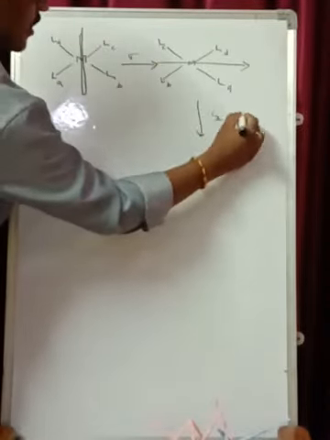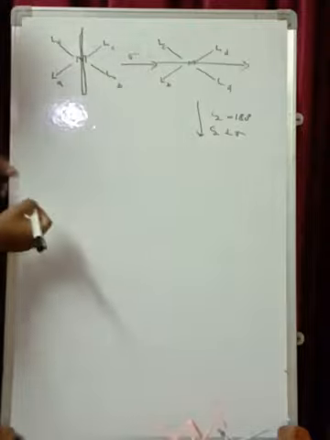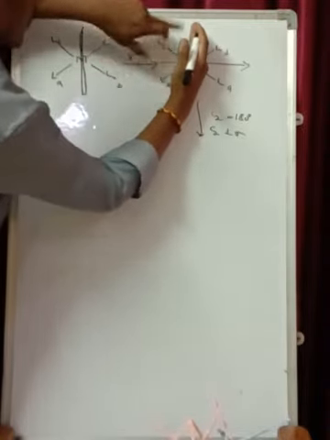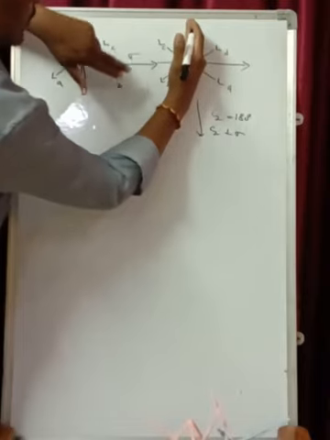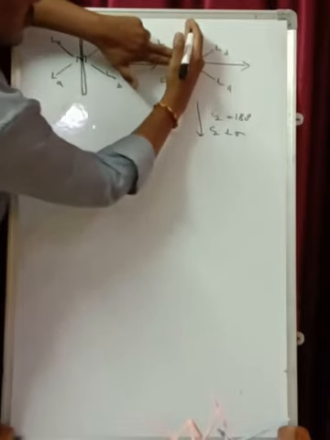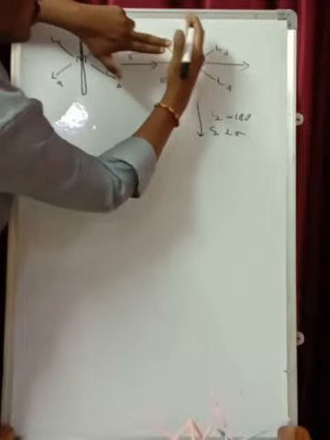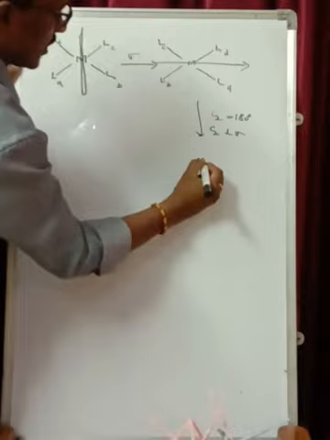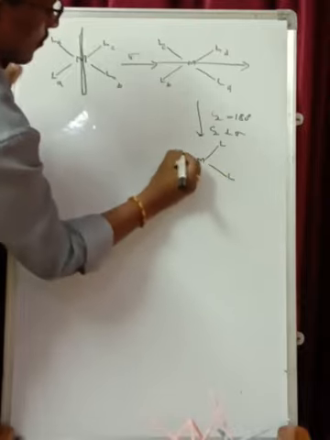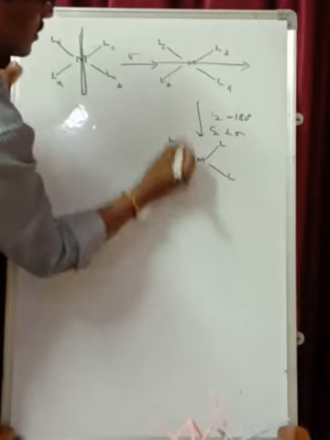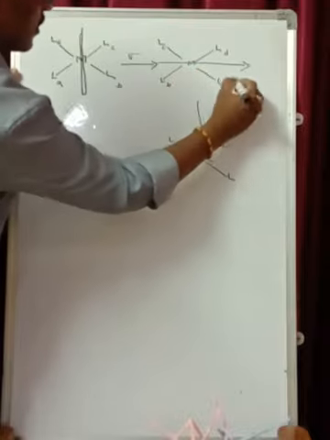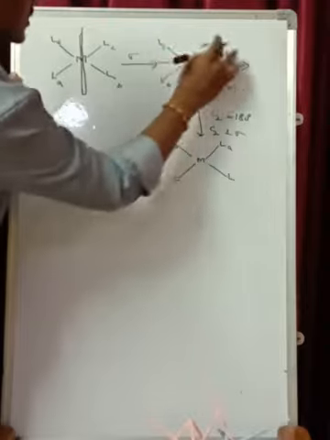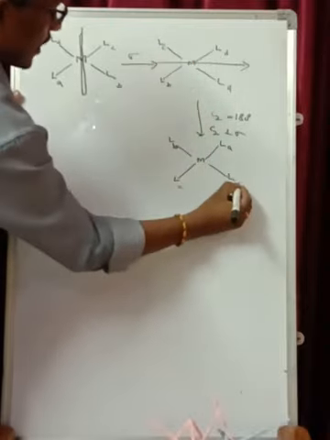Now, this C2 is done perpendicular to sigma, because your reflection is along this particular plane and the rotation is along this particular axis, so these two are perpendicular to each other. Now on rotation by 180 degrees, I will get this: A and B will rotate to above the plane, whereas C and D come to below the plane.